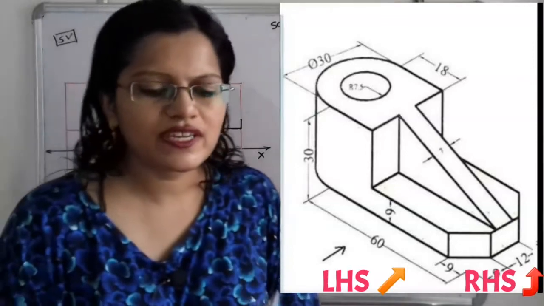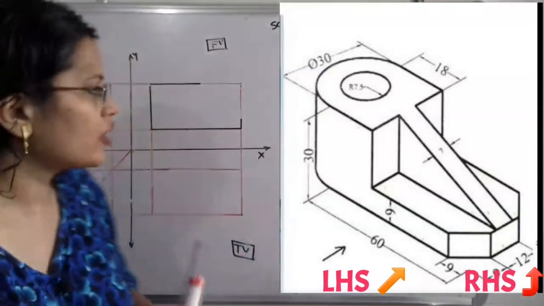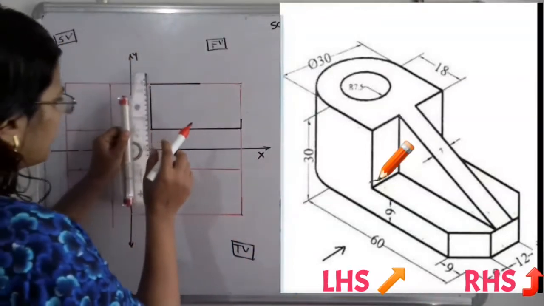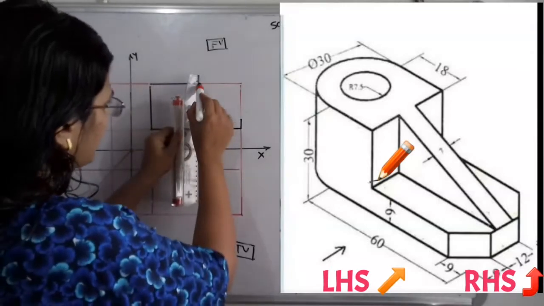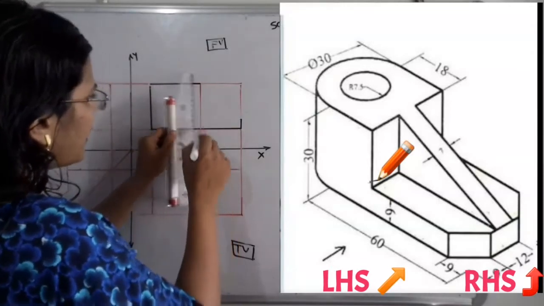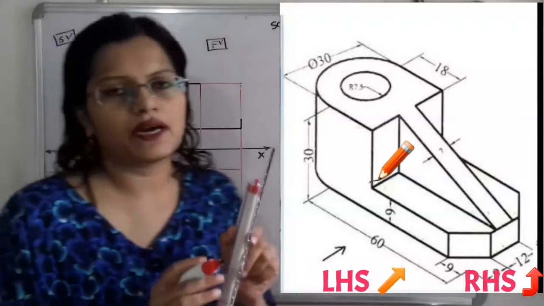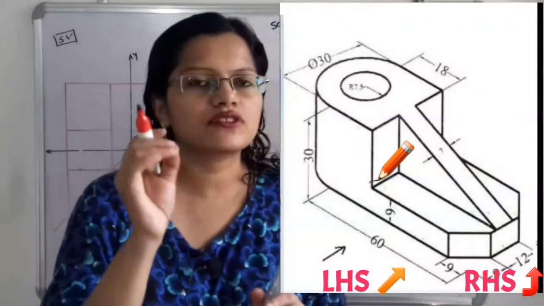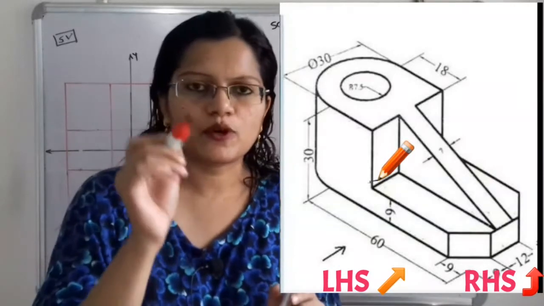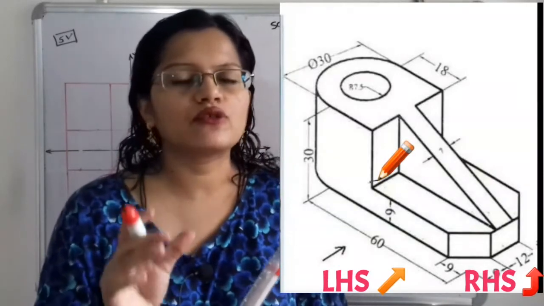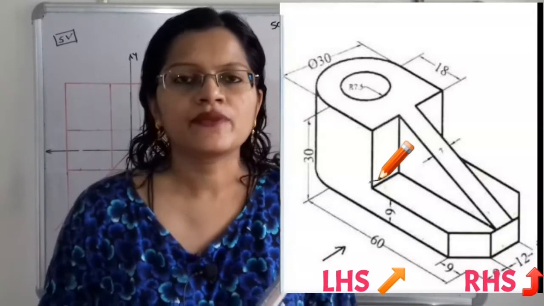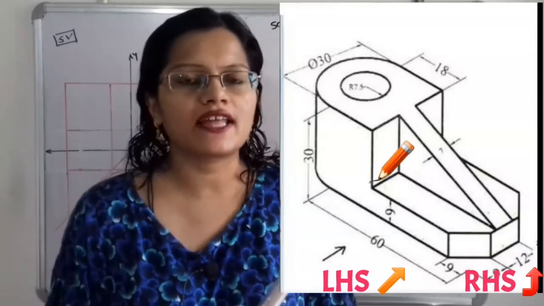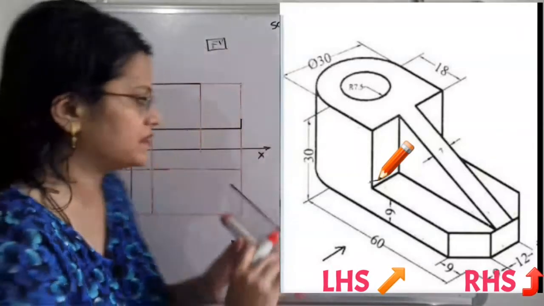So how to select the corner point? For that, now I will take here the line passing through this point. So this is the projection line. I have used here the red marker. For the projection lines we have to use faint lines, that is, the projection line should be faint. So we have to use the 2H lead pencil, and the construction line should be dark, so we have to use the H lead pencil.